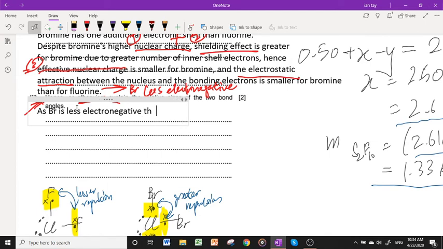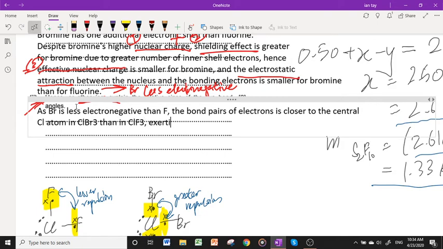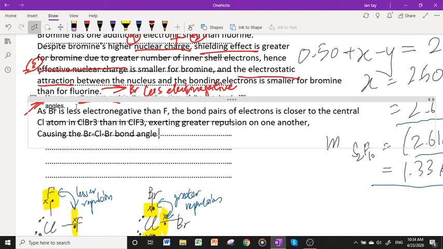As Br is less electronegative than F, the bond pairs of electrons are closer to the central Cl atom in ClBr3 than in ClF3, exerting greater repulsion on one another, causing the BrCl-Br bond angle to be larger than the FCl-F bond angle.